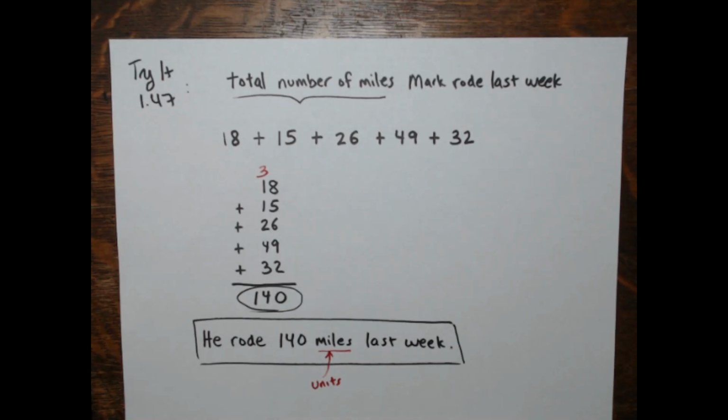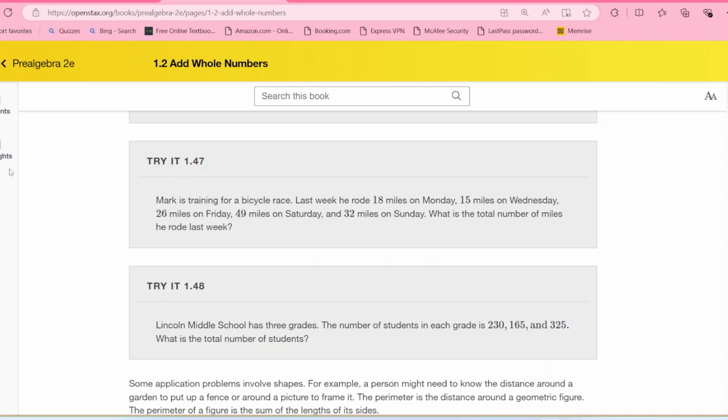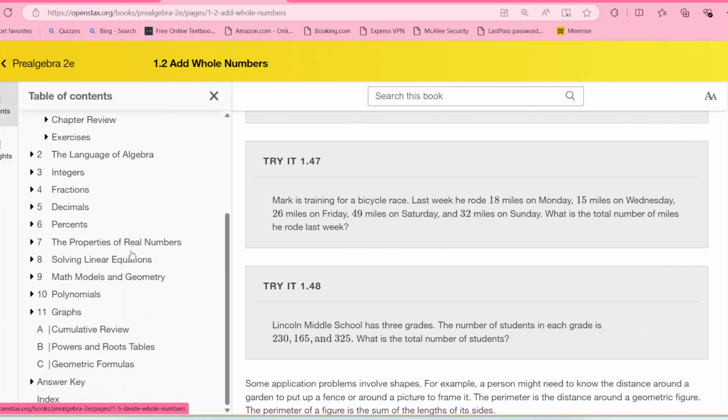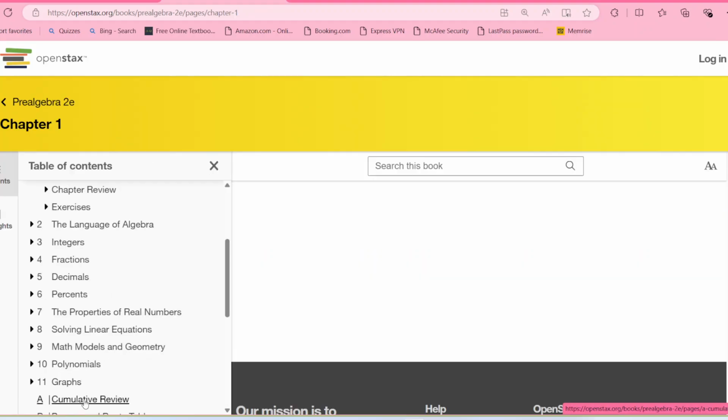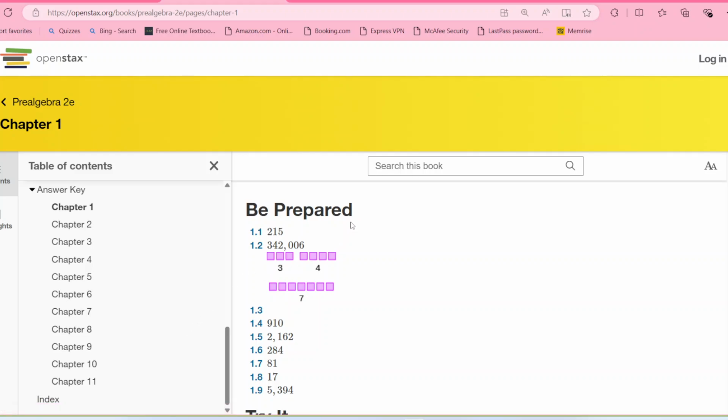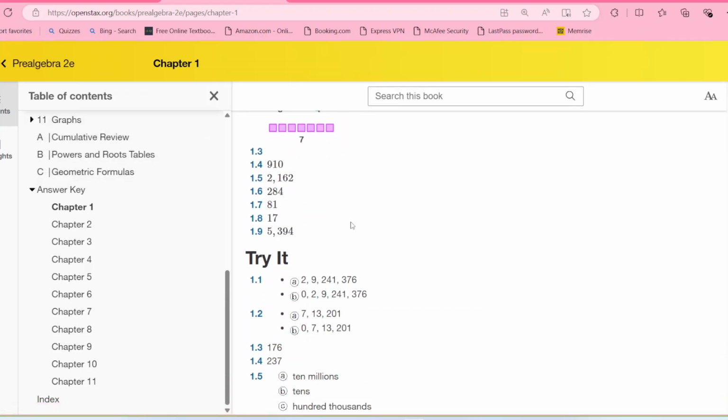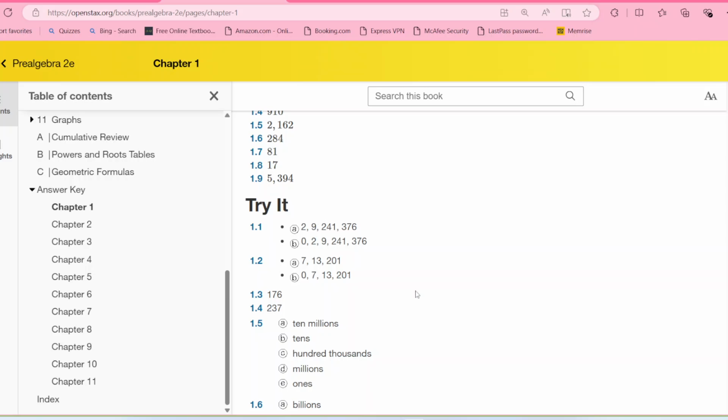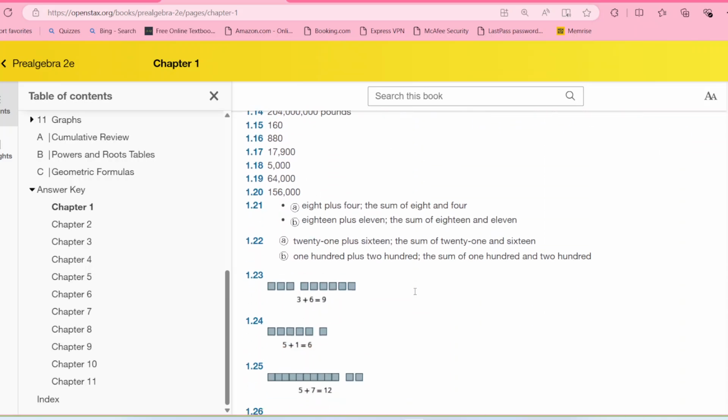All right, now with the try it problems, you've seen this too in previous videos, hopefully. You can go to the table of contents, and at the very bottom, you should see an answer key. We are in chapter 1, and we're in the try it problems, not the be prepared problems, right? So this is try it 1.47.